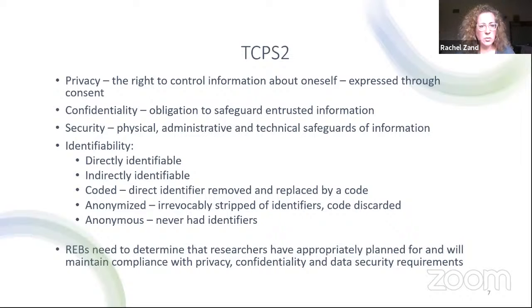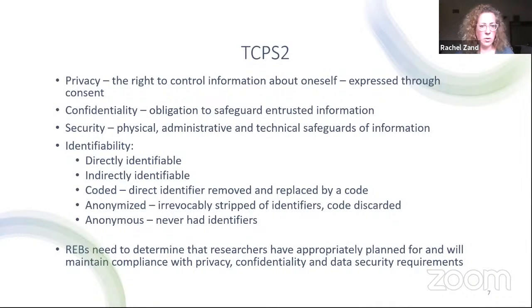So I'll go on to discuss how TCPS2 applies in terms of research data. There is a chapter, chapter 2, that looks at confidentiality and privacy of data. And they begin by identifying the terms, which I don't know if these are the same in terms of what you're used to, and you can let me know.